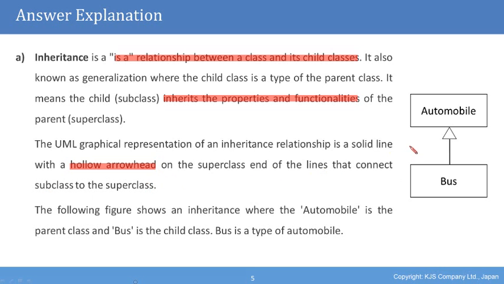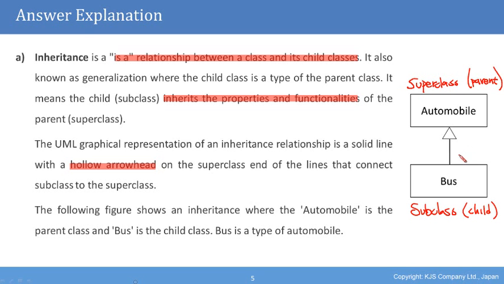Let's take a look at this example. There is an automobile, which is the parent class, and bus is the child class, since a bus is a type of automobile. So the automobile is the superclass, also known as the parent class, and the bus is the subclass, also known as the child class.